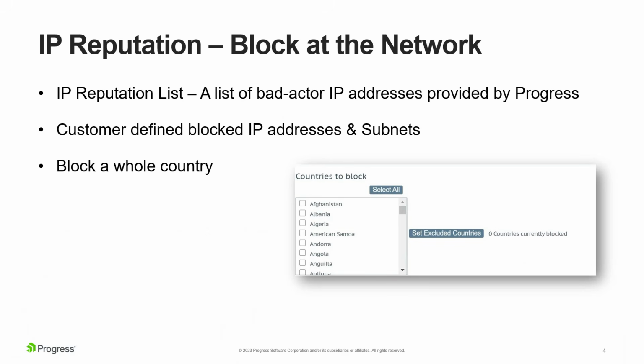So it's a way of confining, and if you've got no reason for having people from outside your own country connecting to your services or applications, then it's a way of locking that down. You can also invert this, where you deny everything and only have permit lists, so you can work it both ways. So that IP reputation, even though I mentioned earlier that we work at the application level, is actually at the network level.